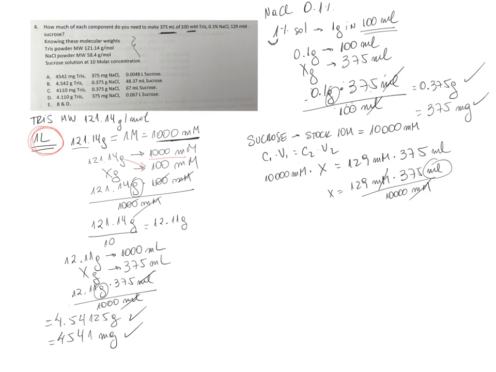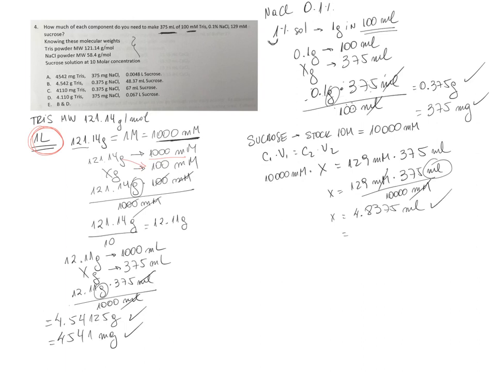We're getting mLs finally. So then this is 129 times 375 divided by 10,000, which is equal to 4.8375 mLs.